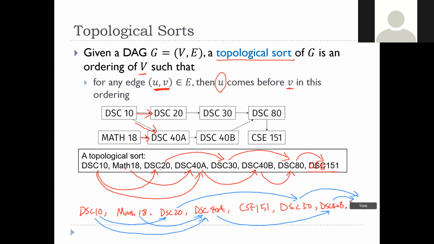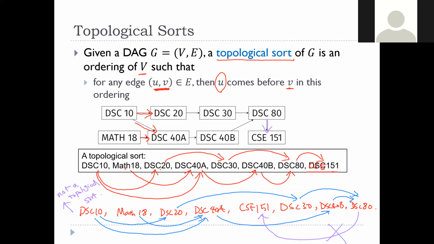However, if you look at this edge going from 80 to CSE 150, this edge is going backwards, and this is not consistent with this linear order. So this is not a topological sort. This is not valid, while the first one is.